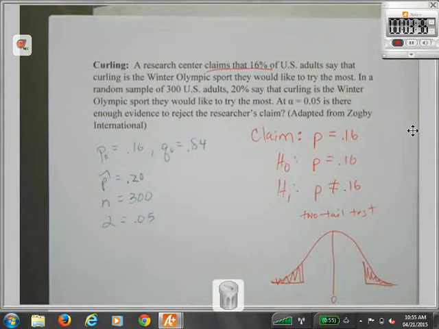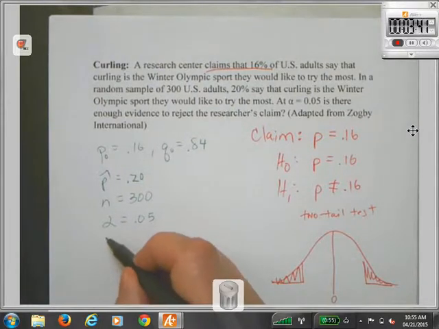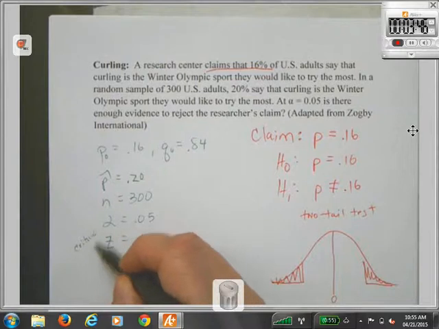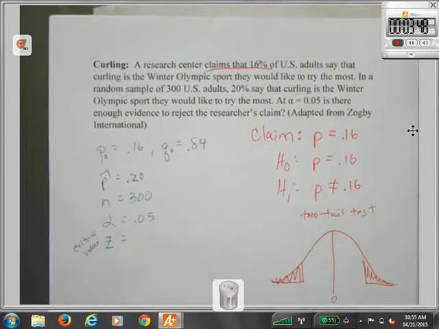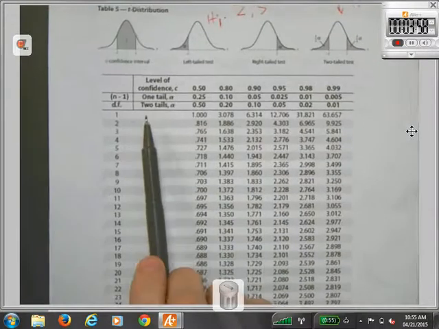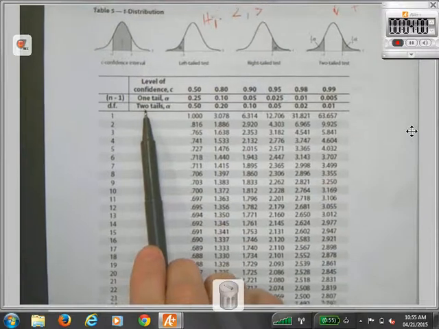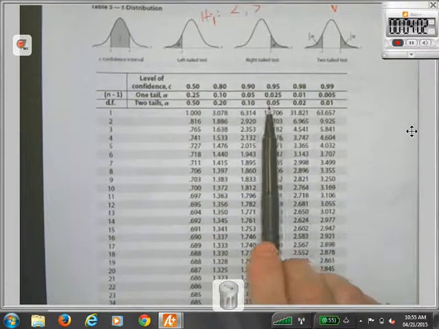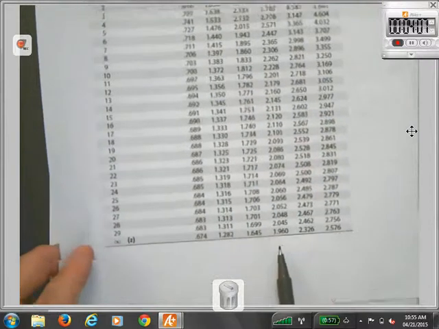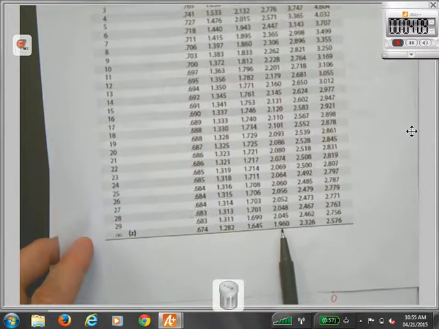Okay, that alpha equals 0.05 is going to lead us to that critical value z that we need. Remember, this is a critical value. Okay, going to the table. Because we have a two-tailed test and an alpha of 0.05, we're going to look at two tails over to 0.05. And then because it is a z, all the way to the bottom, and we have a 1.96.